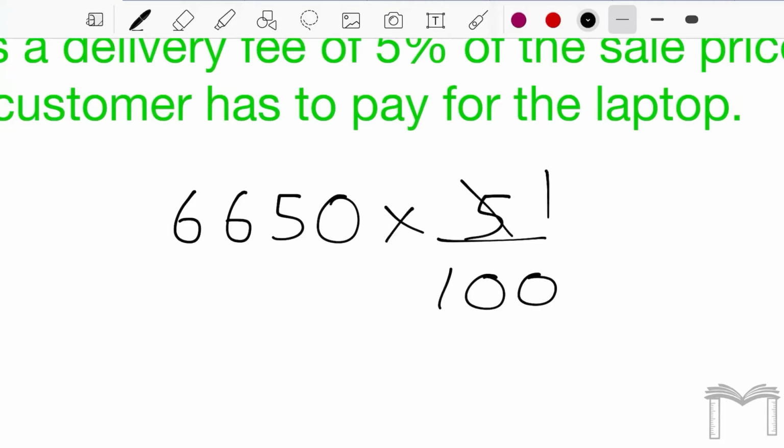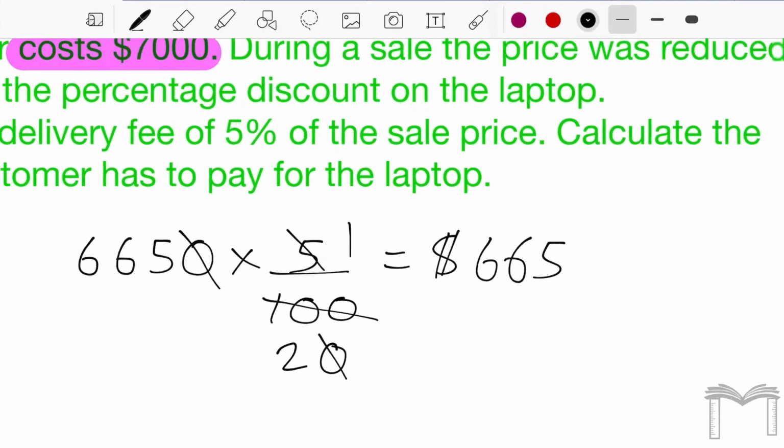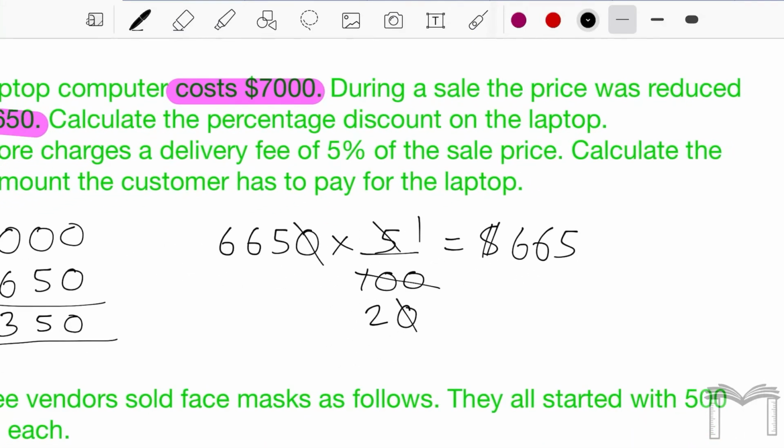5 into 5 is 1, 5 into 100 is 20, and cancel this 0 below with this 0 on top. So the delivery fee is $665.